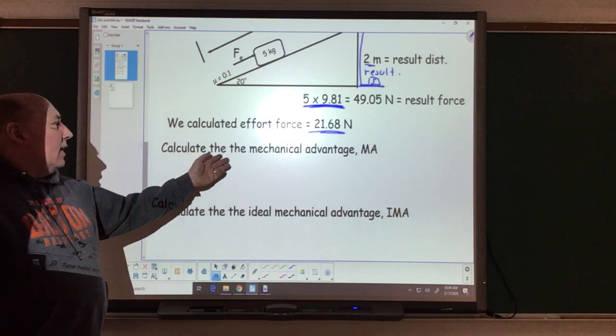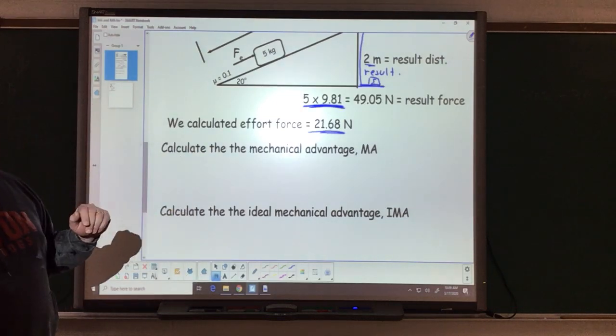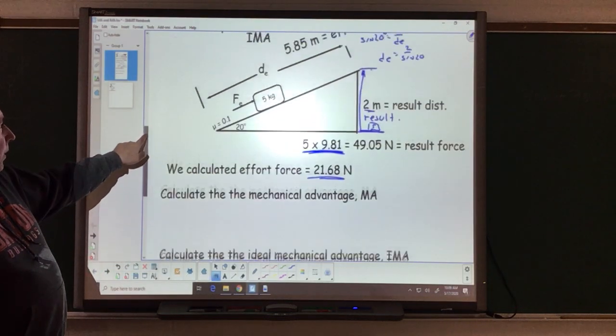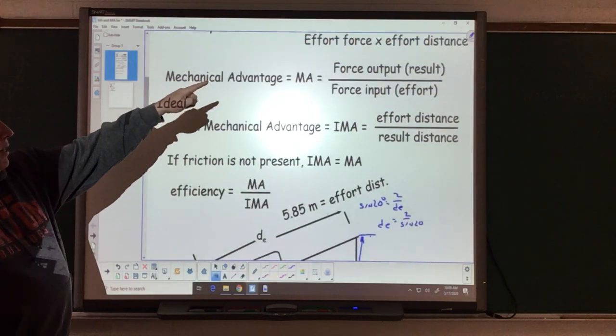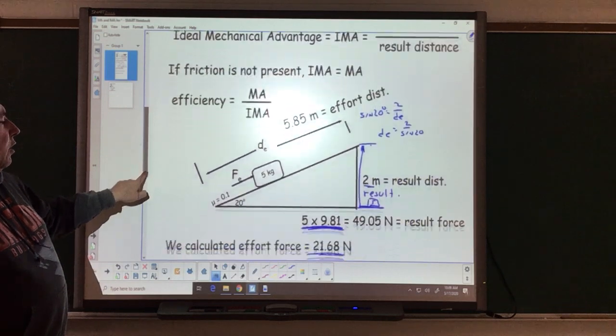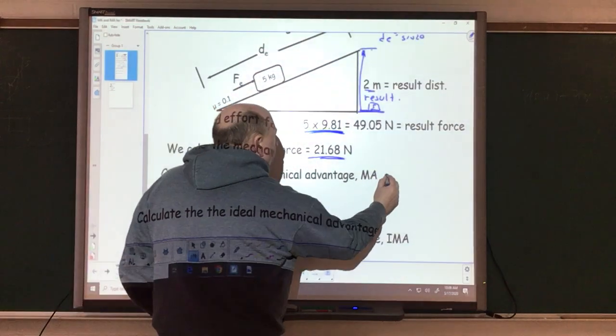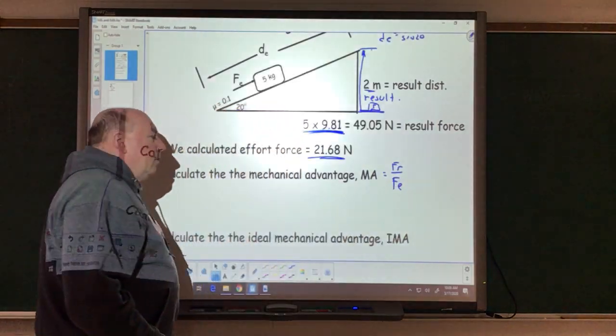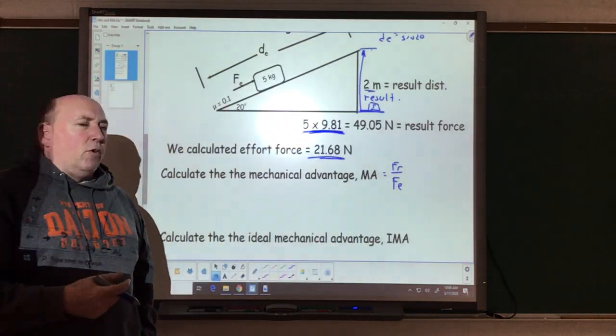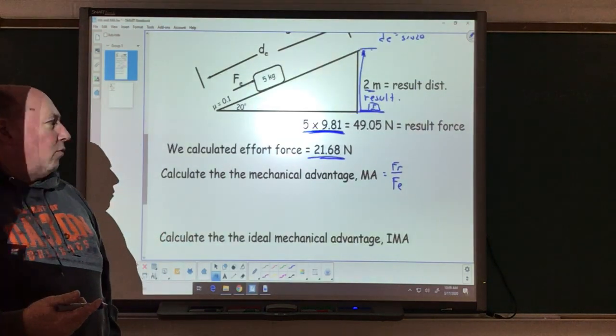What we want to calculate now is the mechanical advantage and the ideal mechanical advantage. The mechanical advantage is your resultant force divided by your effort force. What is my result force? And I divide that by my effort force.